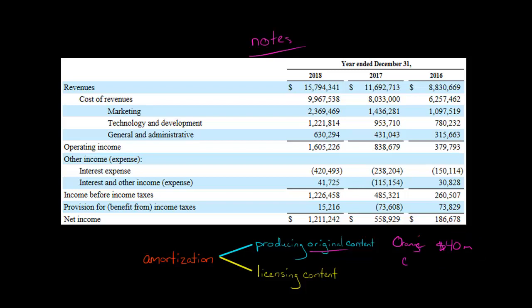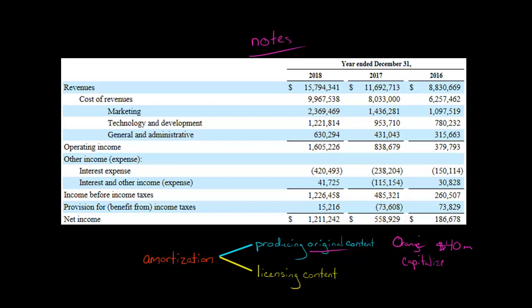They capitalize it, which means they make it an asset and then expense it over time through amortization, which appears under cost of revenue. And you could see where this comes back to our definition of, okay, it's a cost of producing revenue, and we're producing original content. Even though that's not a physical product, you could kind of see it that way. You could see where this would be called cost of revenue.